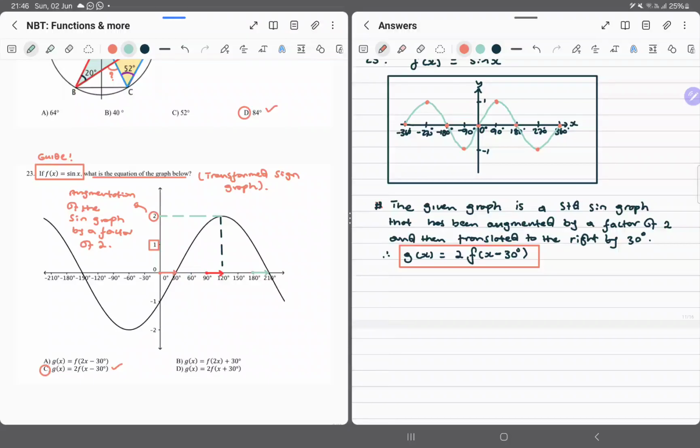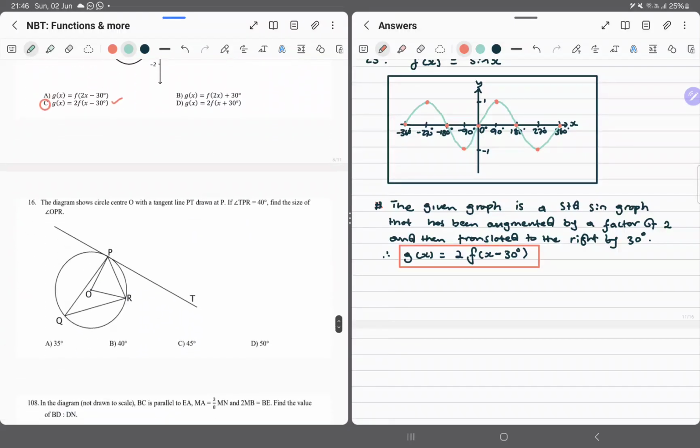It is dilated, or we can just say it has increased in size, but still hitting the same marks.